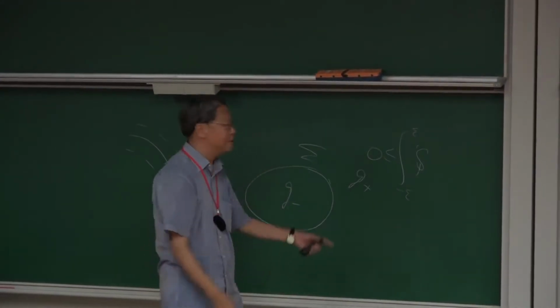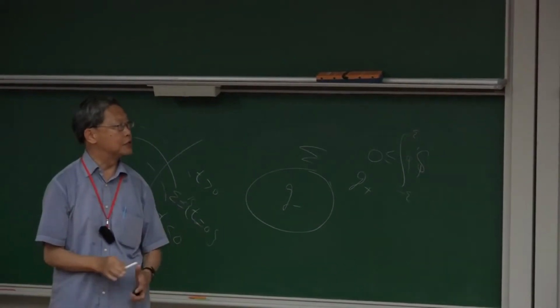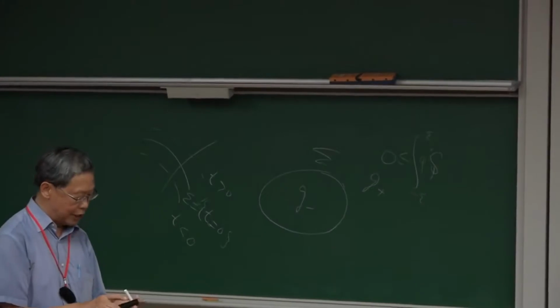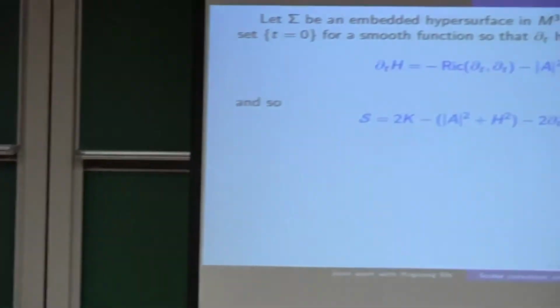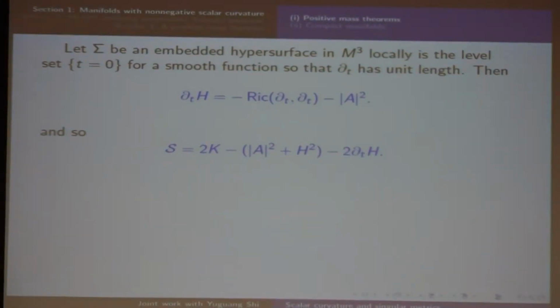Or if you want, you multiply by a certain non-negative cutoff function. Then you integrate this. Because everything is nice, when you integrate and let epsilon go to 0, you get 0 here, 0 here, 0 here, 0 here, because everything is bounded, except the last part, if it is not smooth.